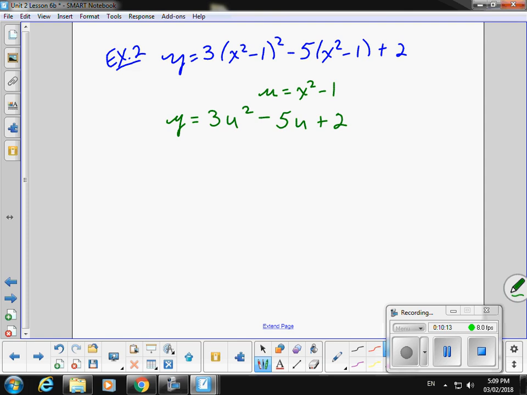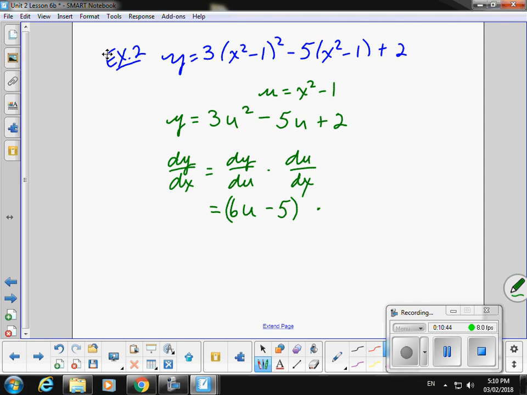So if I want my derivative in terms of x, I want dy/dx, I can use the chain rule, which would be dy/du times du/dx. Okay, so dy/du is not hard at all. I bring down the exponent, that becomes 6u, subtract 5. That's dy/du, and I'm going to multiply that by du/dx.